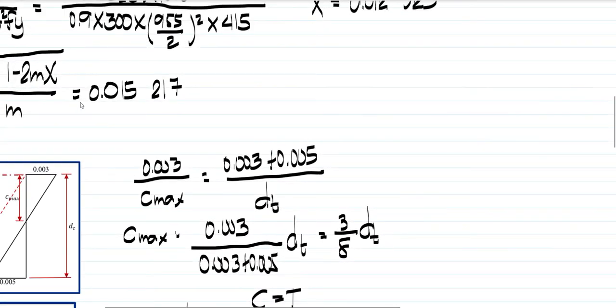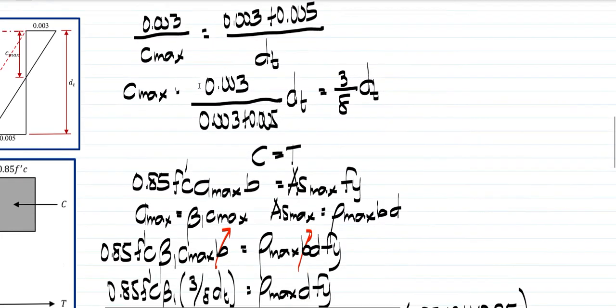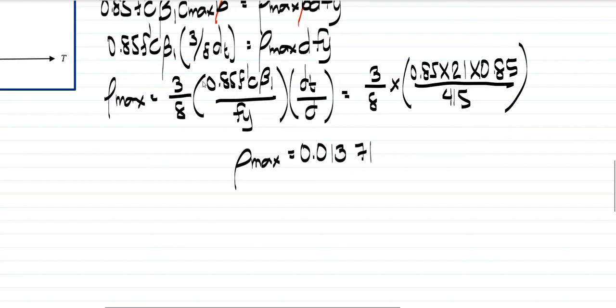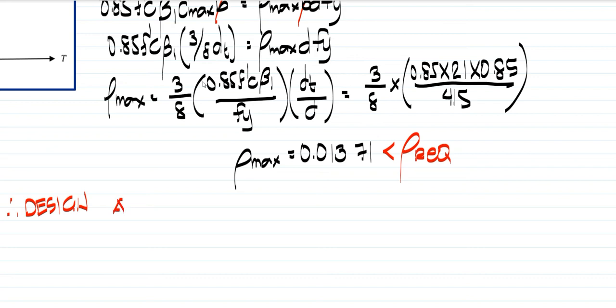And as you can see, if we compare this one to our required steel ratio, yung na-compute natin kanina, which is ito, so mas malaki si required steel ratio compared kay maximum steel ratio. So, this is less than rho required. Therefore, design a doubly reinforced beam.